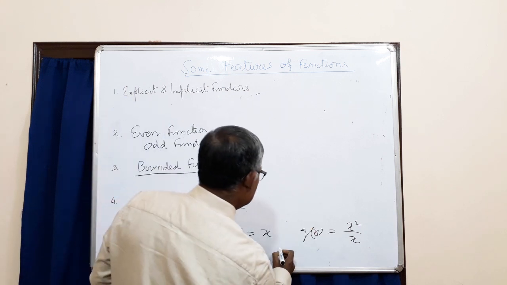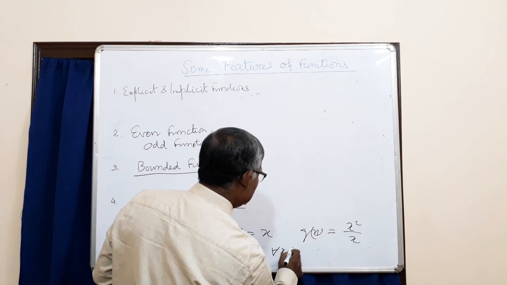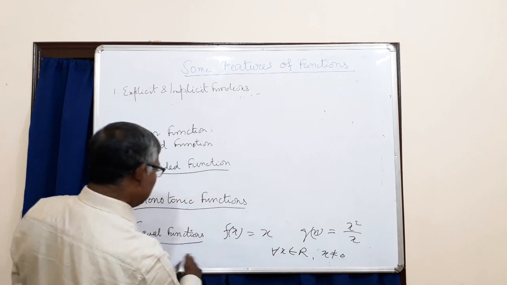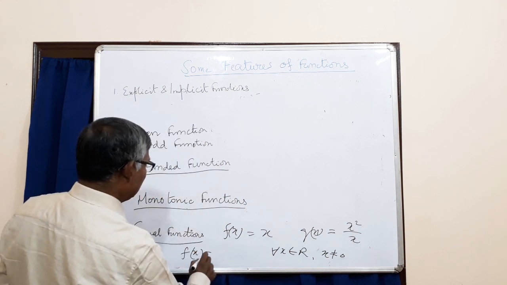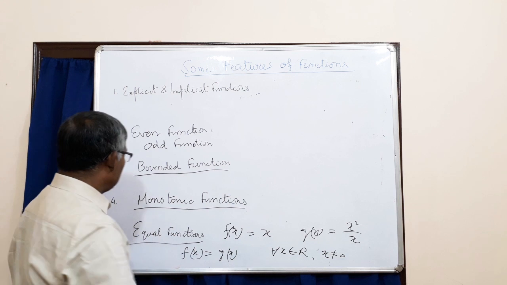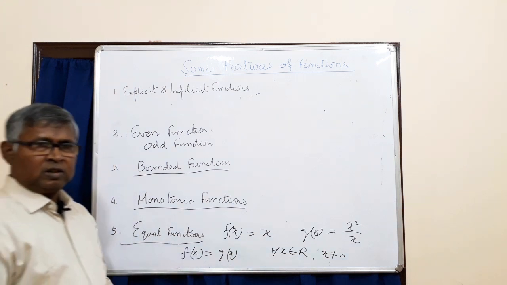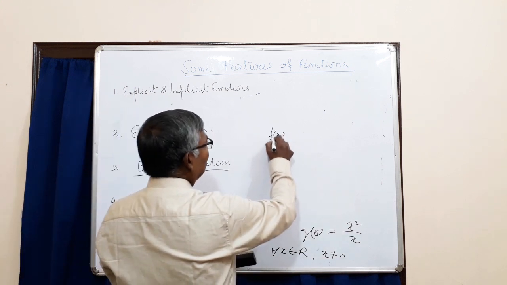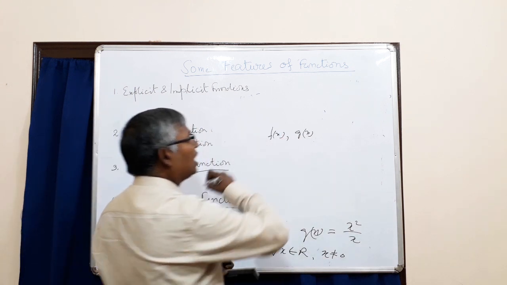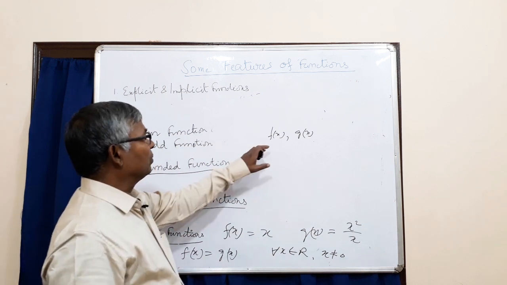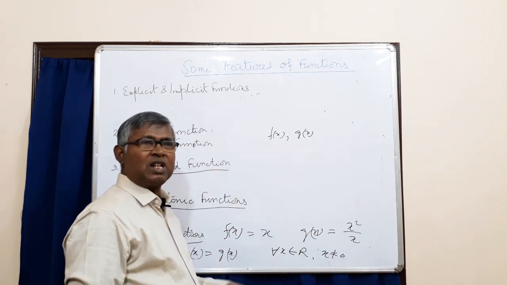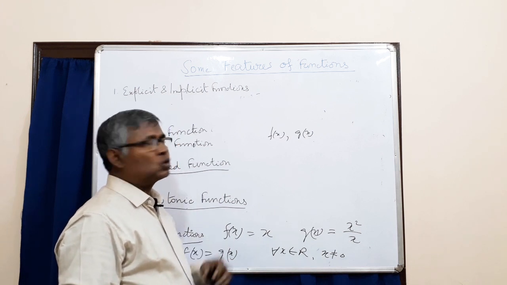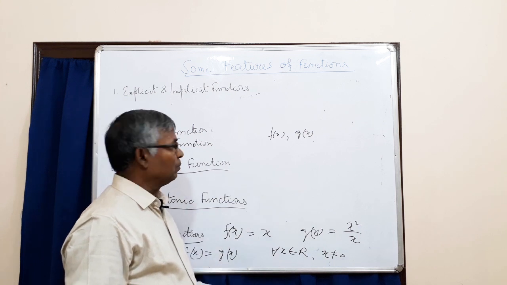But for every x belonging to R and x not equal to 0, we can write f of x equals g of x. So what are equal functions? Two functions f of x and g of x are called equal if they give the same, identical value on the same domain. So their domain and range are the same.